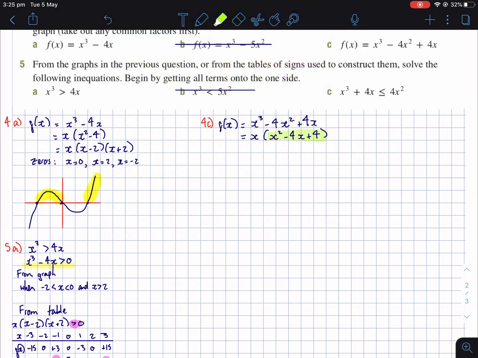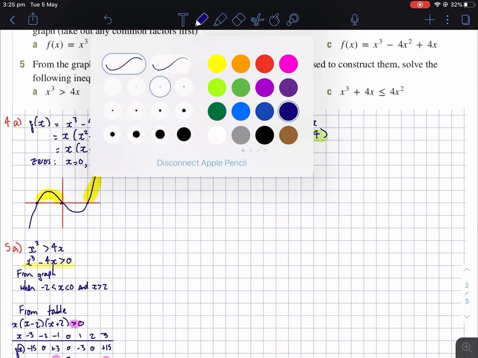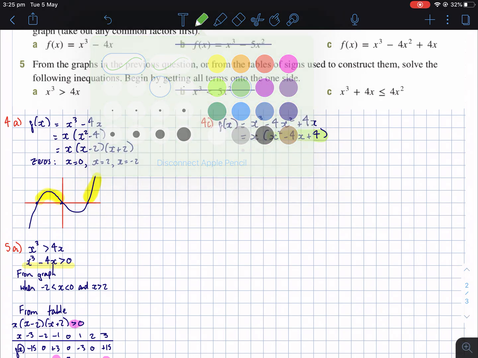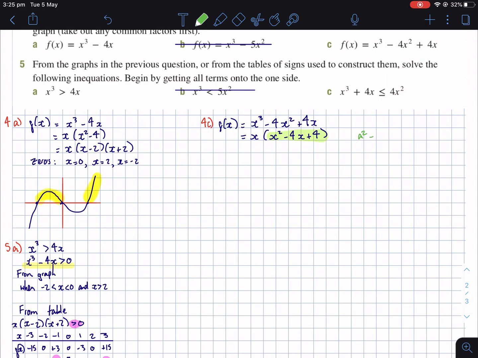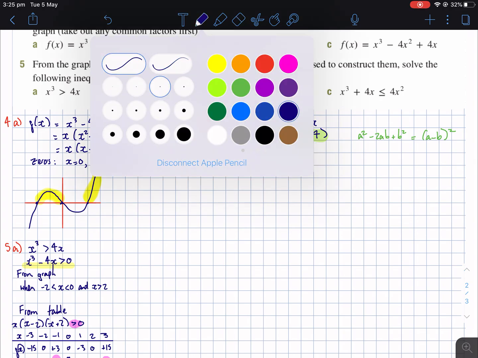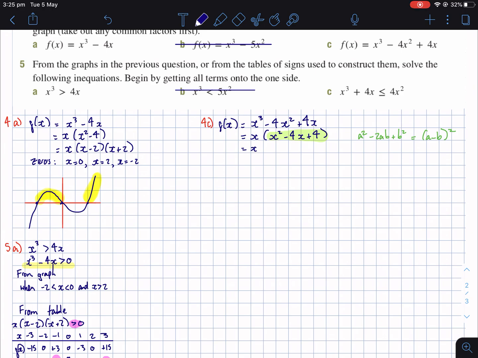That's in the form a squared take 2ab plus b squared, a take b, all squared. Or you could have been like, what times to give positive 4, that adds to give negative 4? Well, it's negative 2 and negative 2. So we've got x outside of x take 2 all squared.